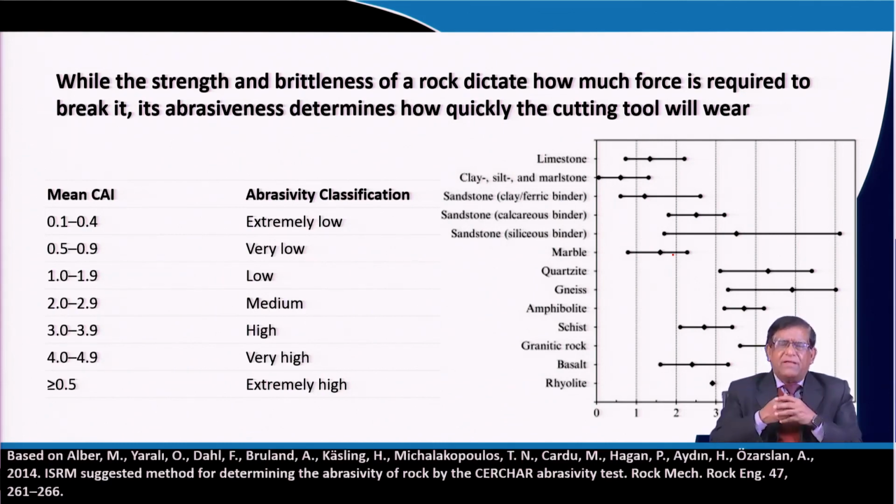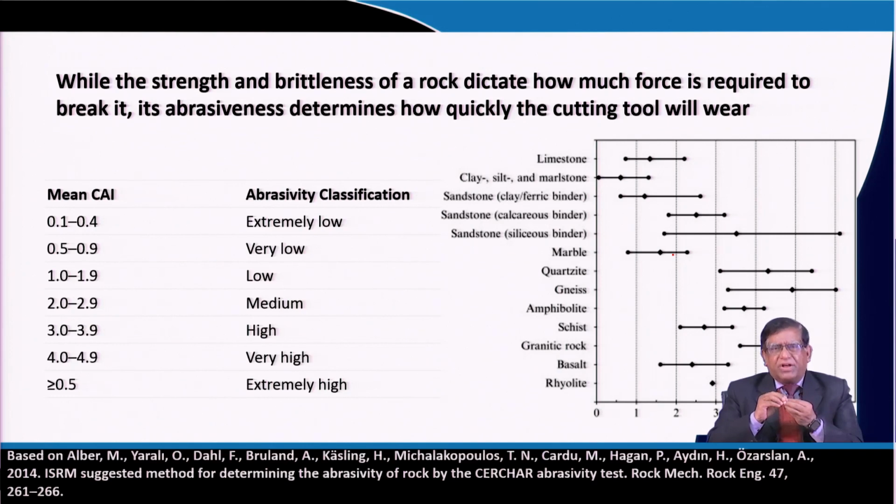It has different types of binding material, and depending on where it occurs, say below 200 meters of the earth surface or below 30 meters, depending on the consolidation level of that sandstone, the strength or abrasivity may be different.